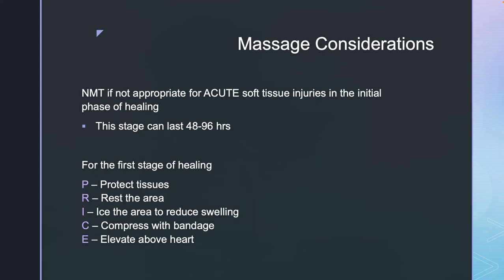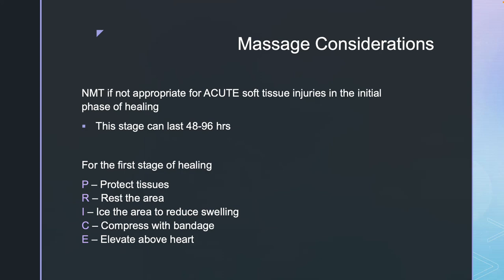Massage considerations. Neuromuscular therapy is not appropriate for acute soft tissue injuries in their initial healing stage. Remember, this stage can last 48 to 96 hours. Some people say 2 to 3 days. For the first stage of healing, if they're in that acute stage, it's PRICE.